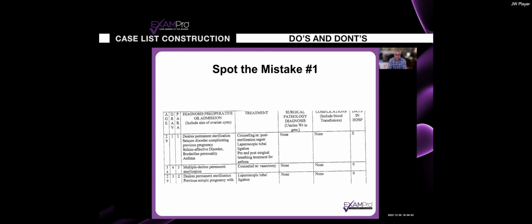Does it have anything necessarily to do with the case? If she's competent, I would suggest no, it doesn't. Maybe the seizure disorder I would include, but I really wouldn't include schizoaffective disorder and borderline personality because the subject is tubal ligation. And unless you want to talk about some of the mental health aspects, I would leave them out. Similarly, I would suggest for the asthma.